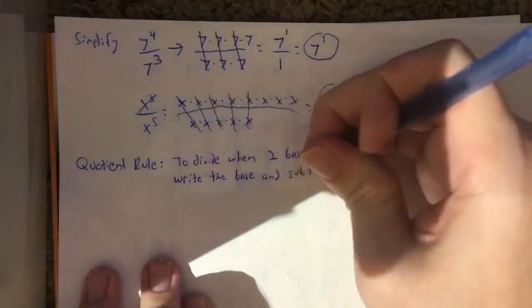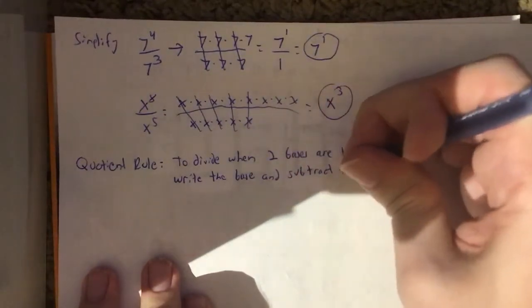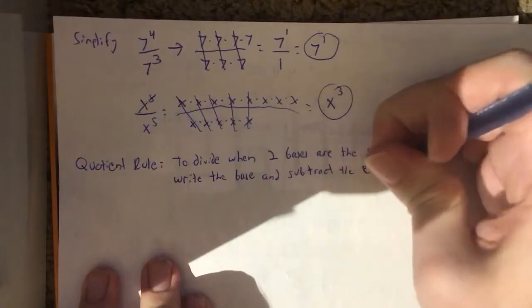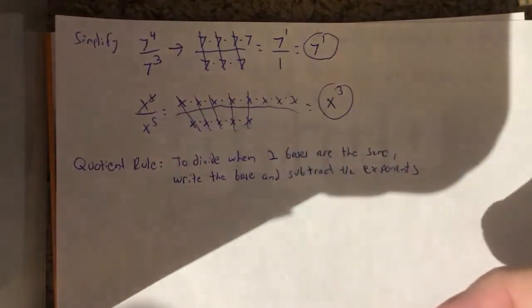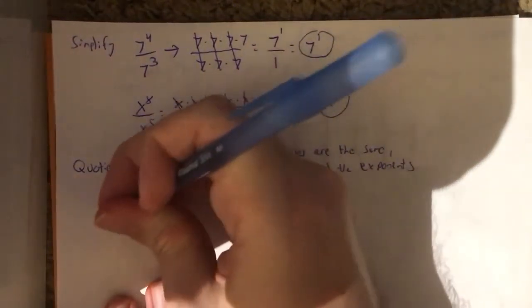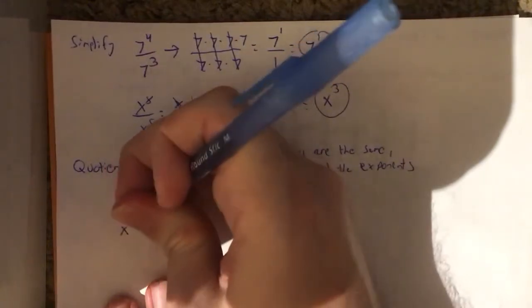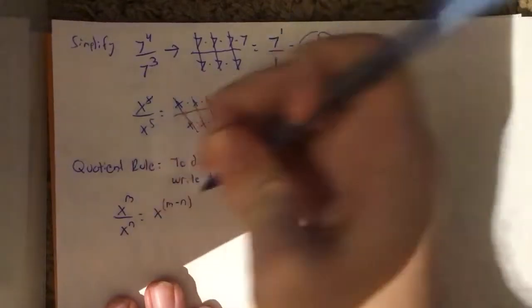Very similar to the product rule. You write the base, add the exponents. This one's write the base and subtract the exponents. So this is what it looks like. x to the m over x to the n is really just x to the m minus n.